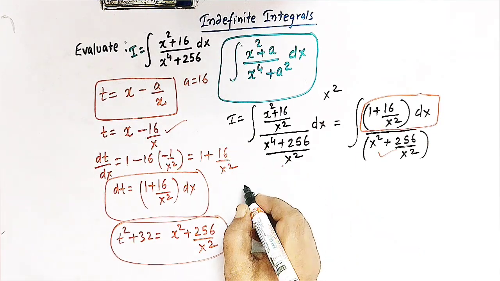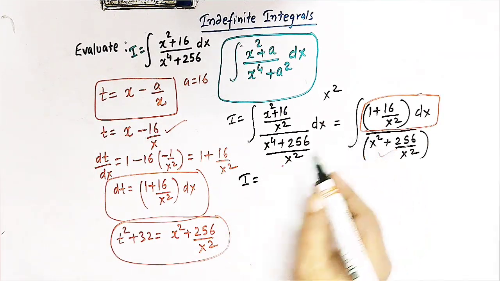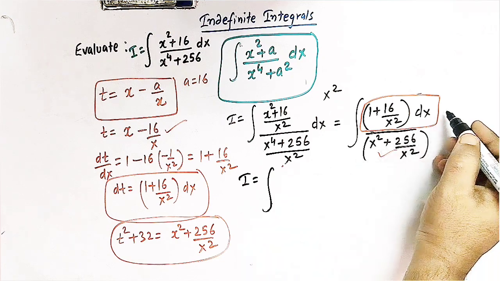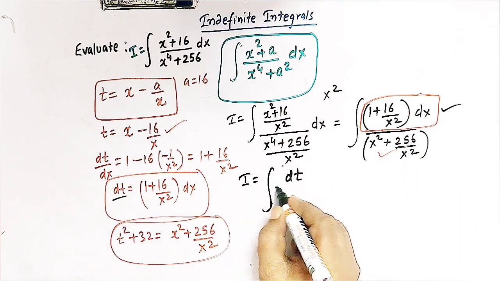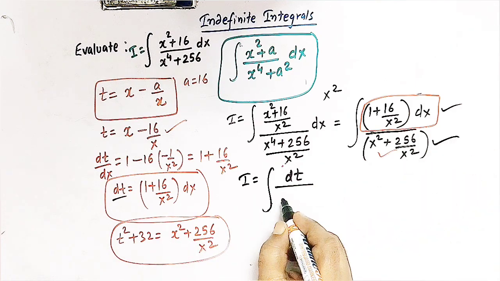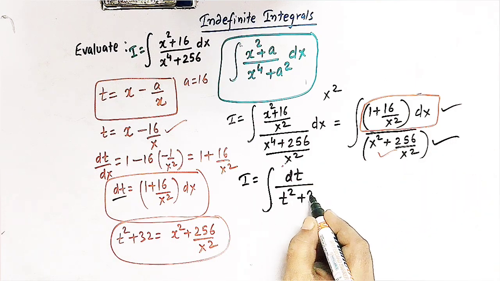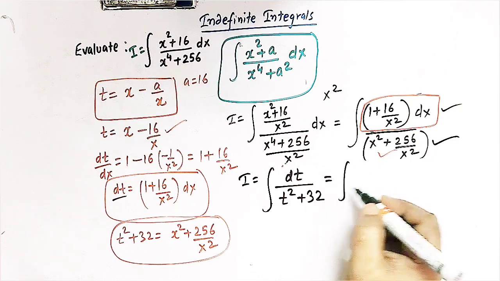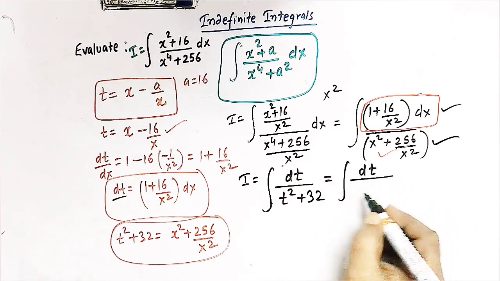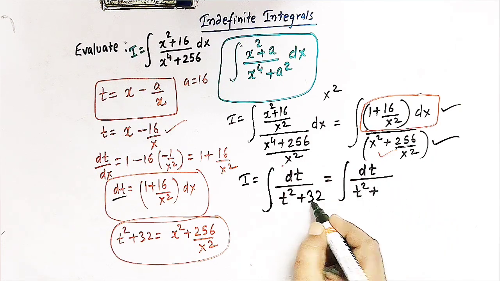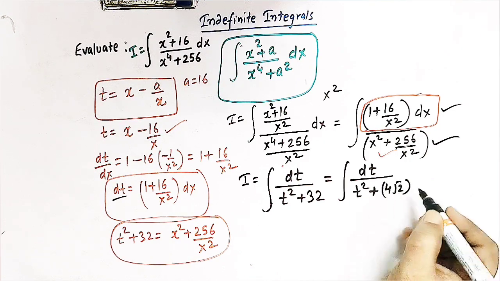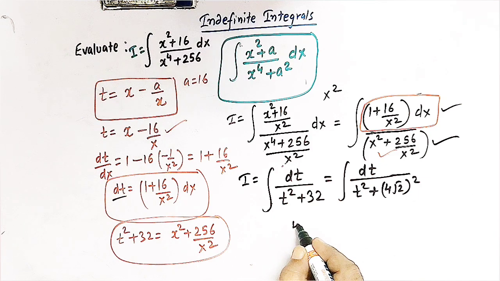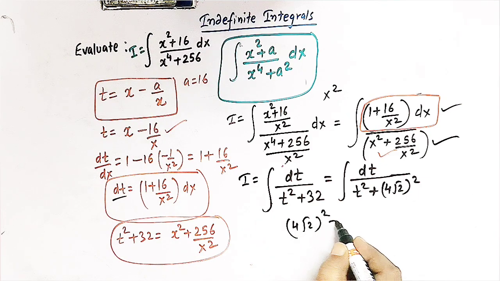So now our integral I takes the form in terms of t. For the numerator we have simply dt, and in the denominator we can write simply t square plus 32, and here we can write dt over t square plus the square of 4 root 2, because the square of 4 root 2 is equal to 32.